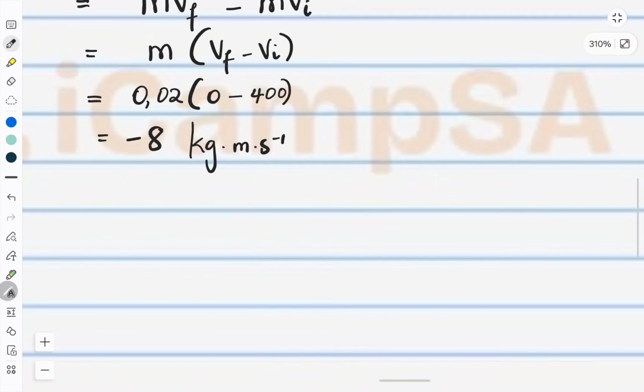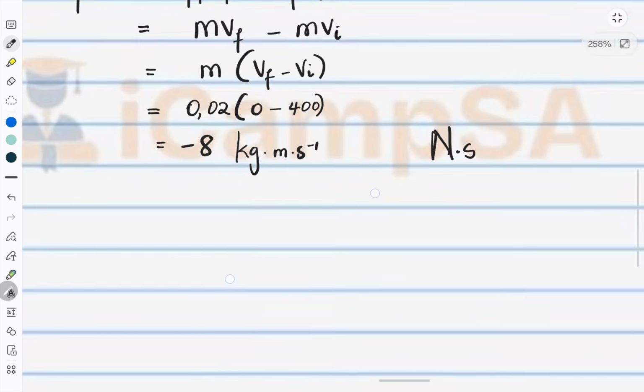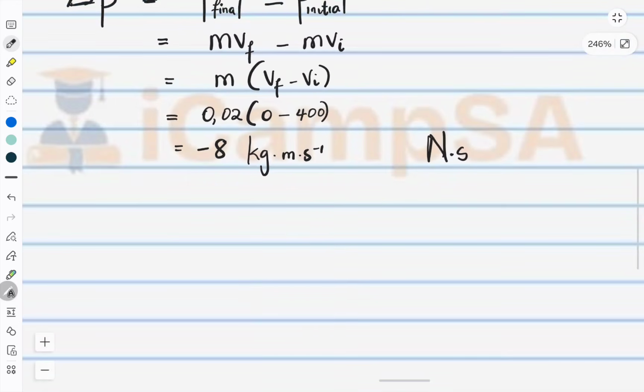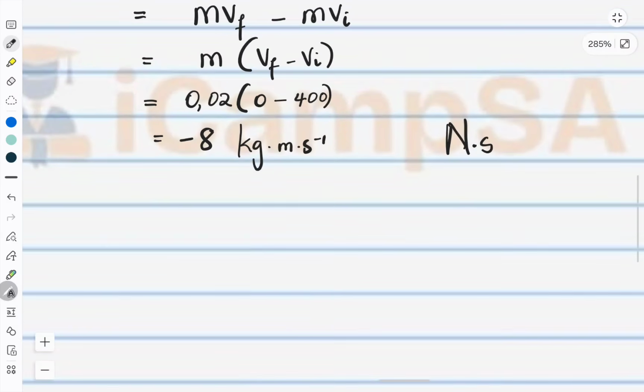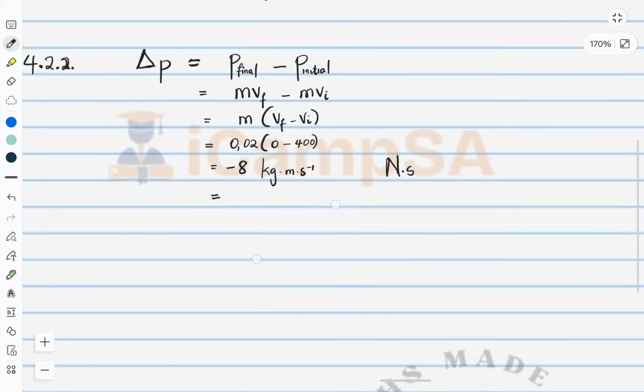Okay, so that is our impulse. Another unit for impulse obviously is Newton second, because you're multiplying force and time. So if you want to use those, that's still fine. I just use the ones for momentum. Now you have to interpret what this means. If it's negative, it means the impulse is to the left, because we had chosen right as positive.